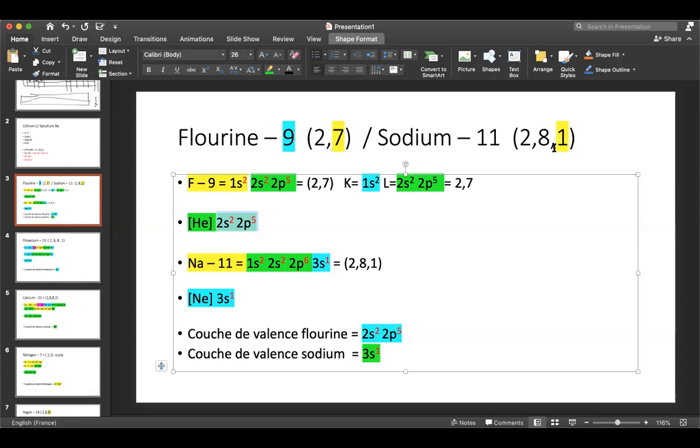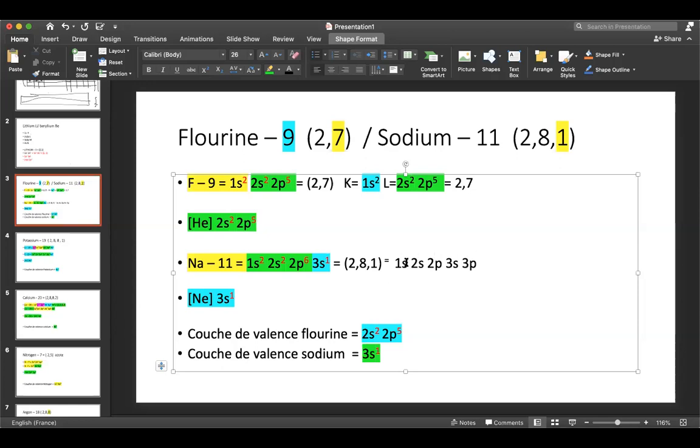And if this is the electron configuration for sodium, we are going to apply the Moutale method, which is 1s, 2s, 2p, 3s, in the case of a 3s, or bien 3p.